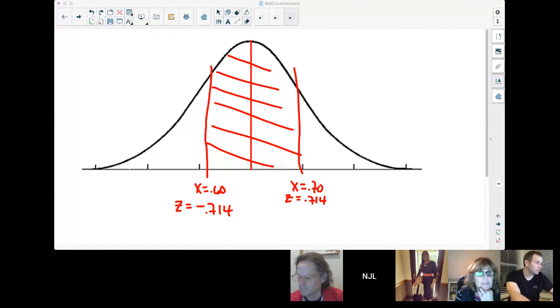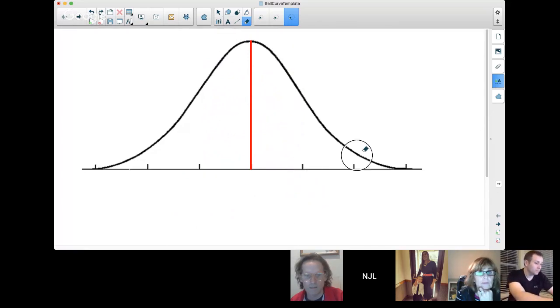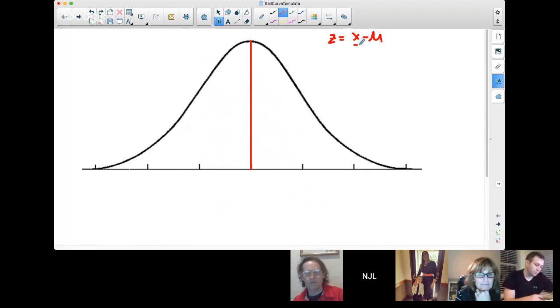17. Find the 35th percentile for the protein requirements for adults. Round your answer to 3 decimal places. Okay, so this one we work back the opposite direction. Especially if you hate math, here's something to write in your notes. We know z-score is equal to x minus the mean over the standard deviation.